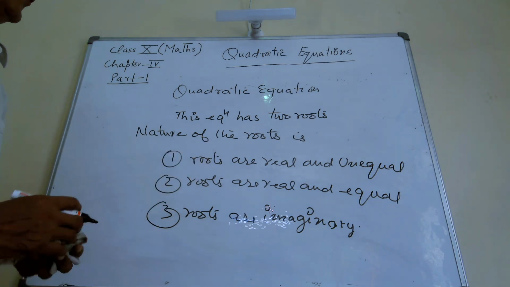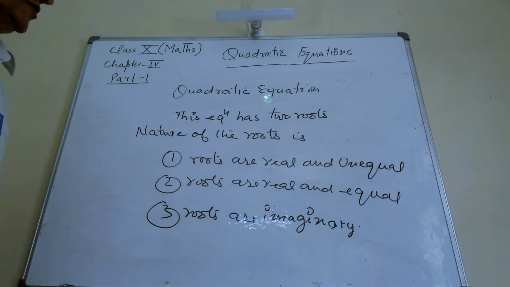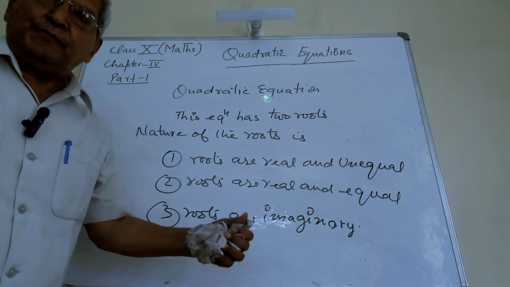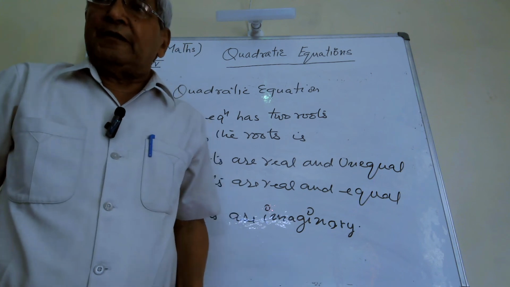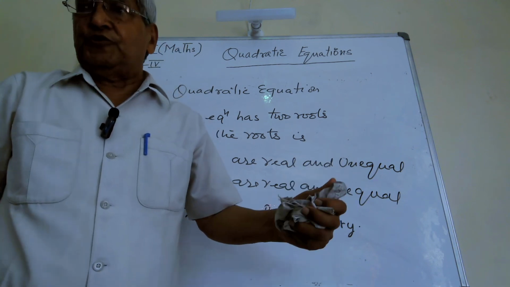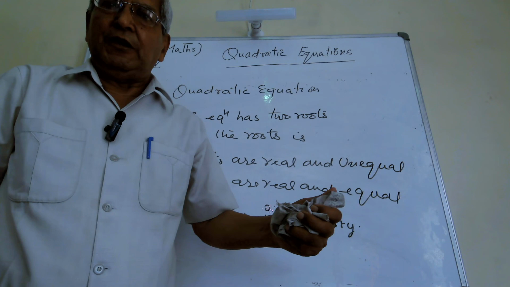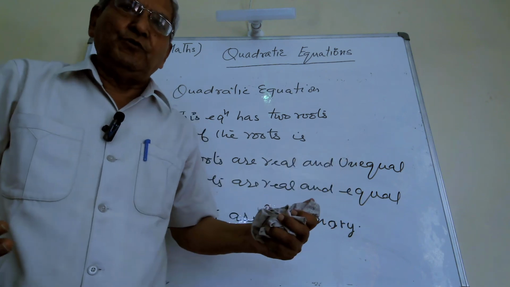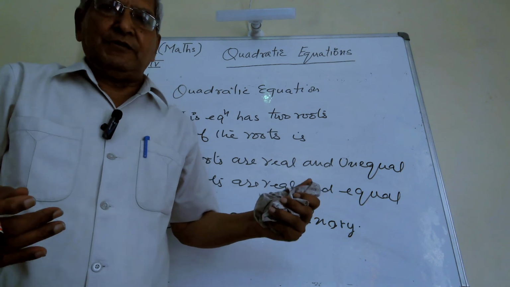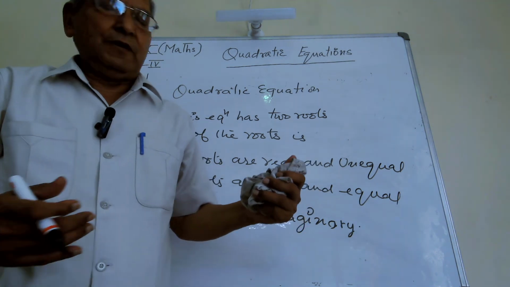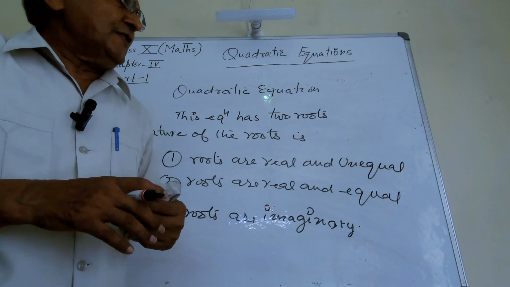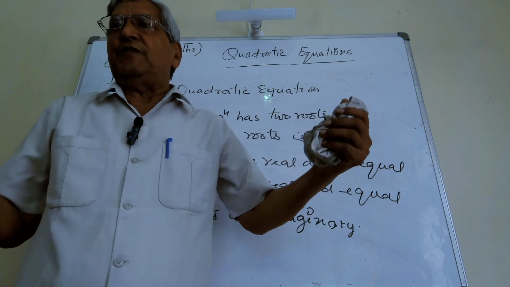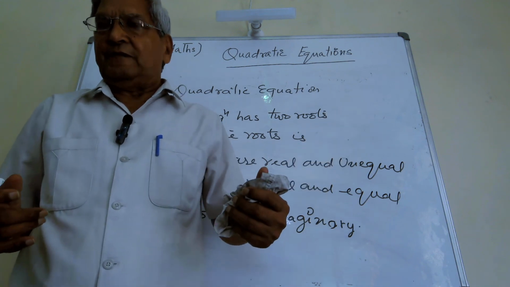Now we are going to factorize the quadratic equation in the second part. There are three methods of factorization. With the help of factorization, you can get the values of the roots, and then you have to see whether the roots are equal or unequal. Tomorrow I am going to take the second part of this quadratic equation: factorization of the quadratic equation.